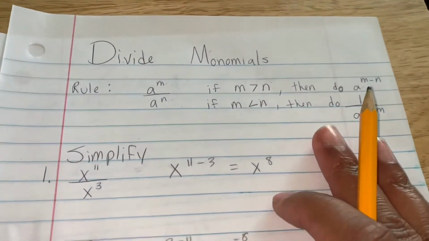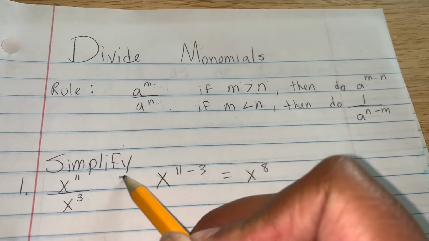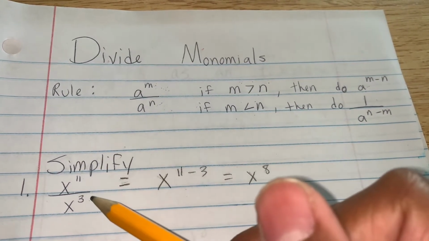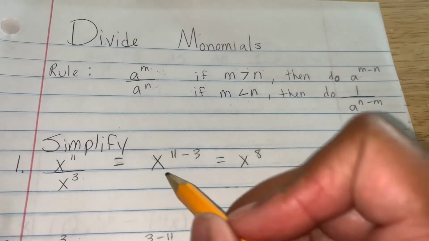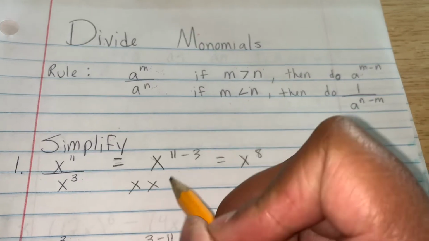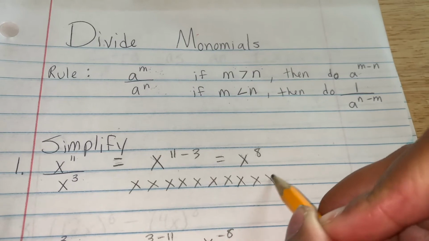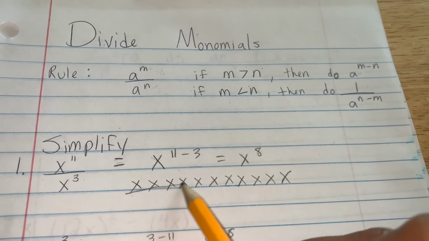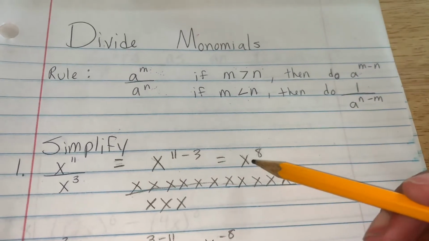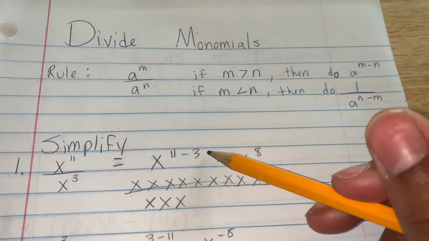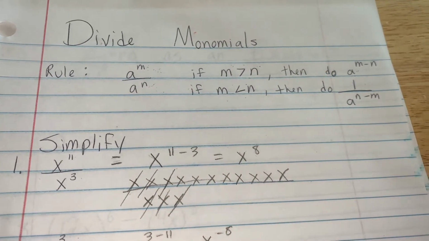So for example, if we look at number 1, and we have x to the 11th divided by x to the 3rd. So really what this is doing, and the reason why you subtract, is if you have x 11 times on the top and x 3 times on the bottom, the reason why you subtract the exponents is because you can get rid of the same thing that's on the top and the bottom.